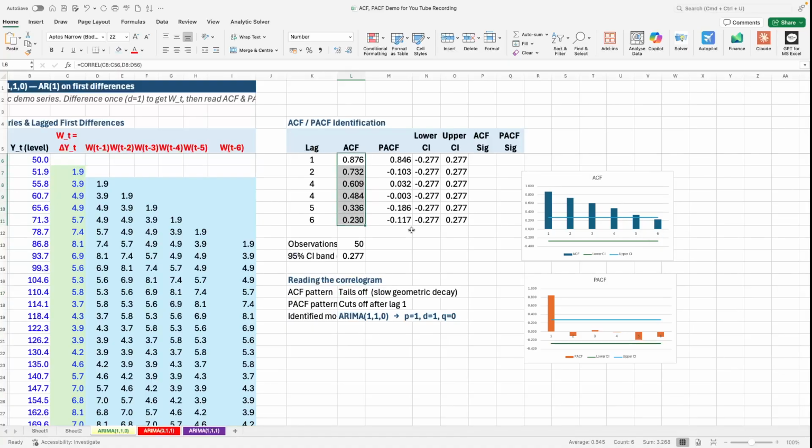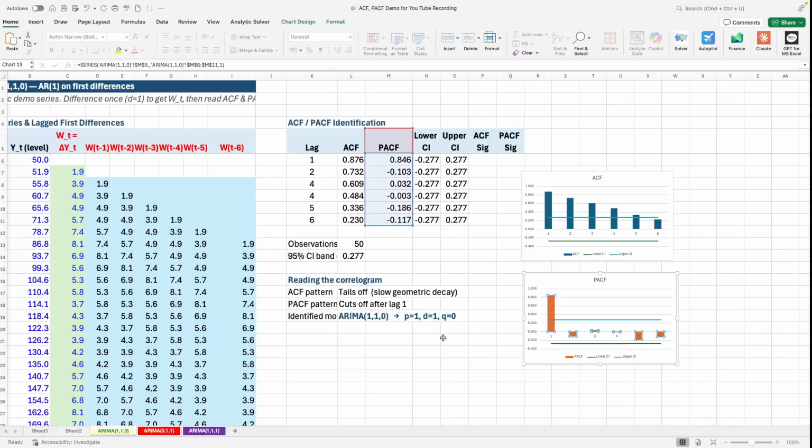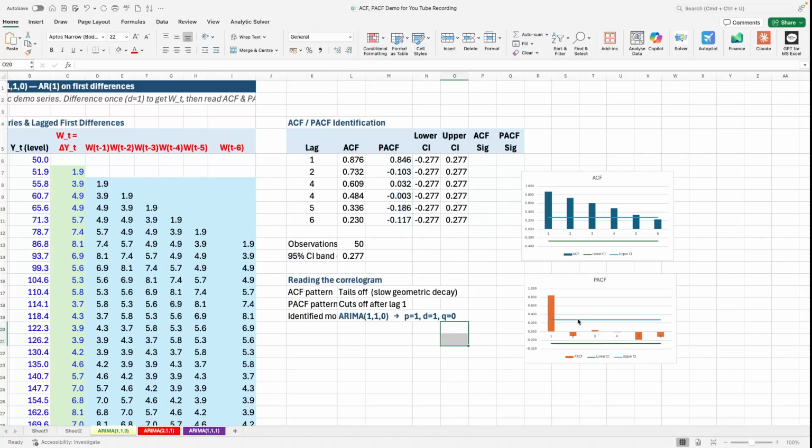Similarly, look at the PACF. You can see that it cuts off after lag 1. That means we can say that it is an AR model. The PACF cuts off after lag 1, which means it is what is called an AR1 model.